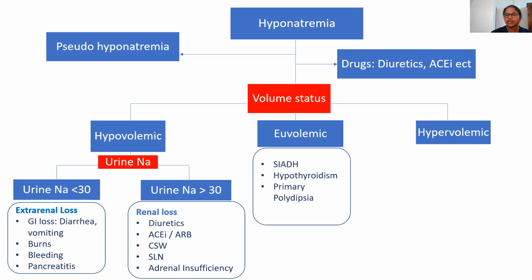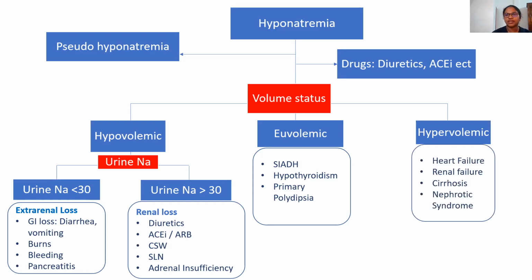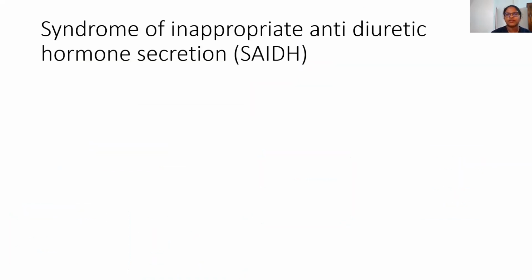If the patient is hypervolemic, the most likely causes would be heart failure, renal failure, cirrhosis, or nephrotic syndrome, giving rise to hyponatremia. So now we know how to come to a diagnosis in hyponatremia.